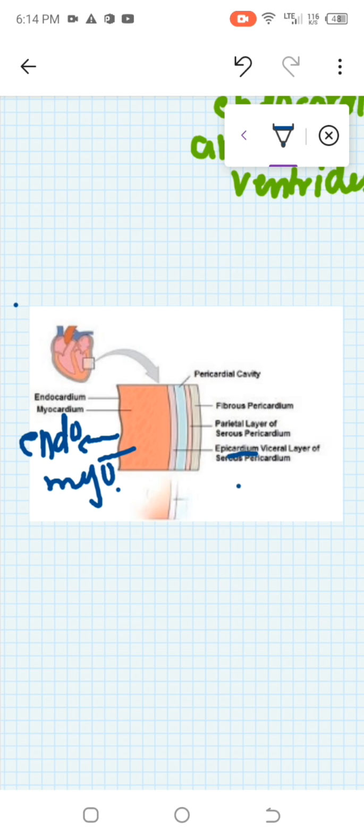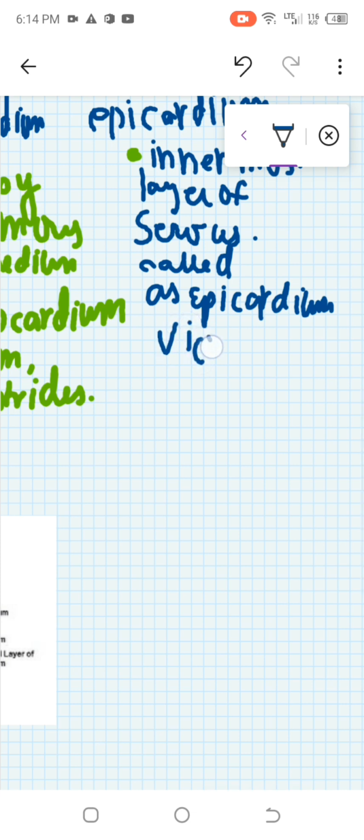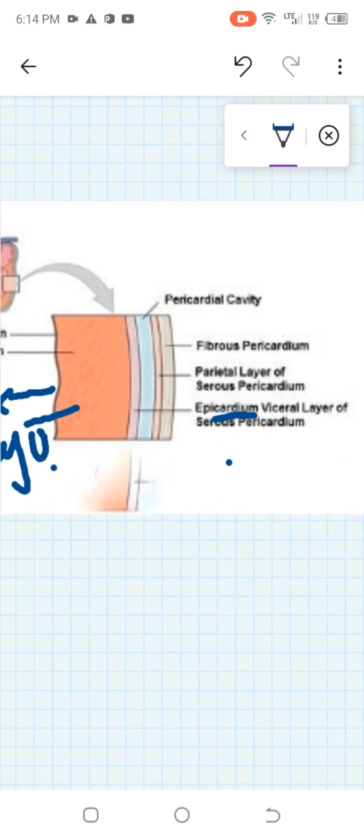The epicardium layer is also known as the visceral layer. Now here you can see, between the parietal serous pericardium and the epicardium, there is a cavity filled with fluid, known as the pericardial cavity.